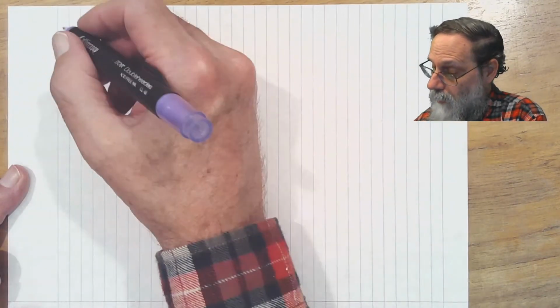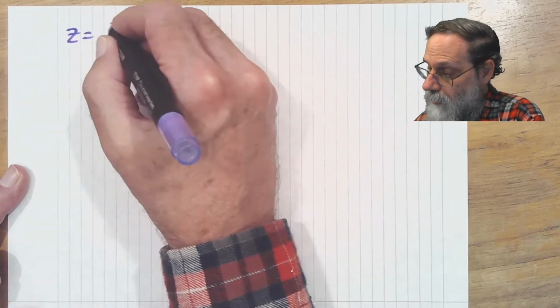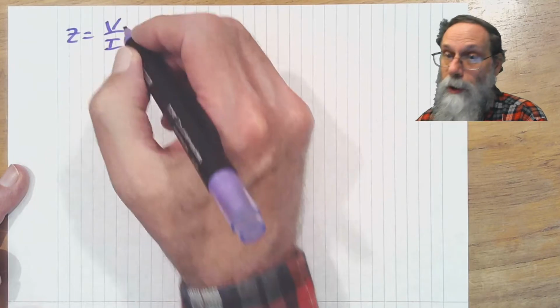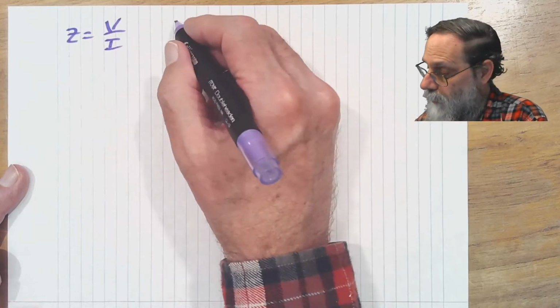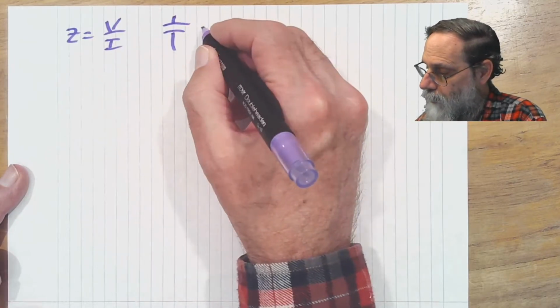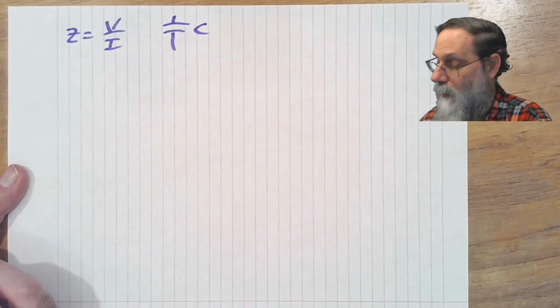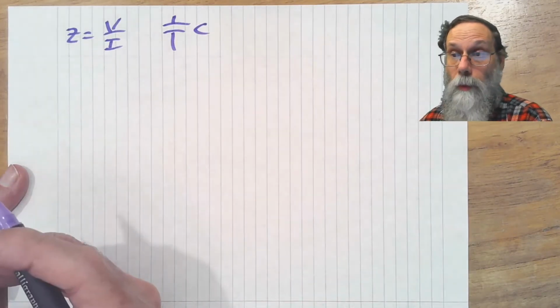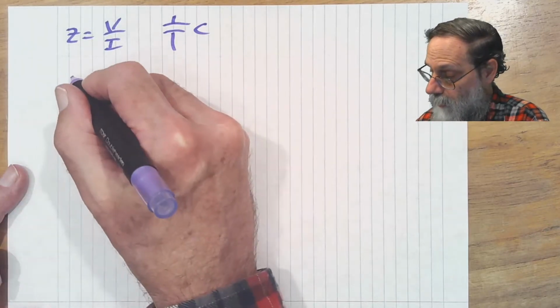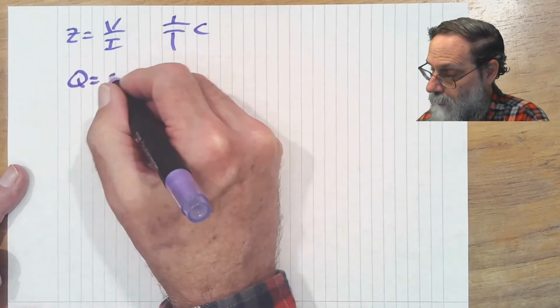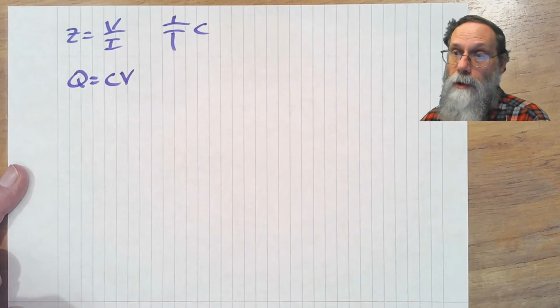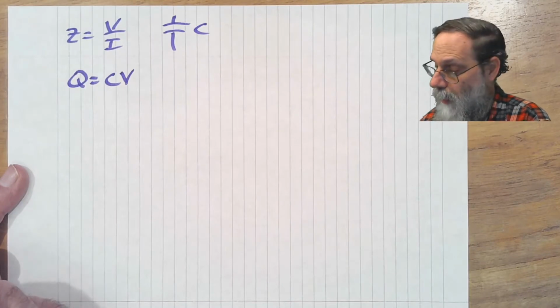Now, we can go back to the definition of impedance to take a look at how we can compute the impedance of a capacitor. Remember that impedance is just voltage over current, and we're interested in the voltage and current for a fixed capacitor C. We can go back to what we know about capacitors, things like Q equals C times V. The charge is the capacitance times the voltage.